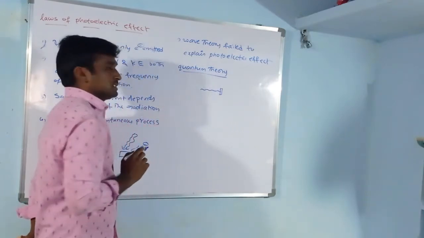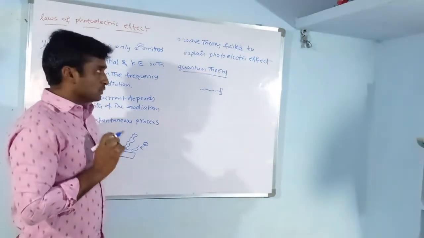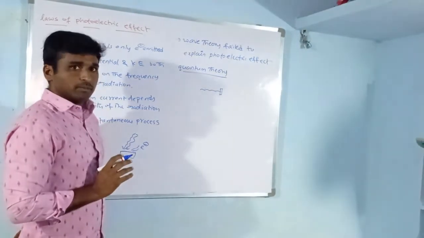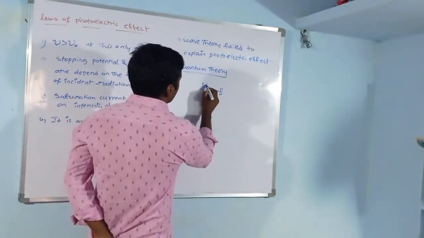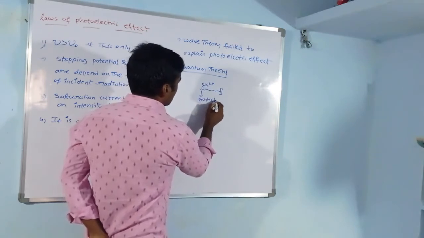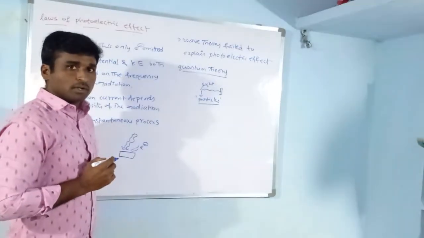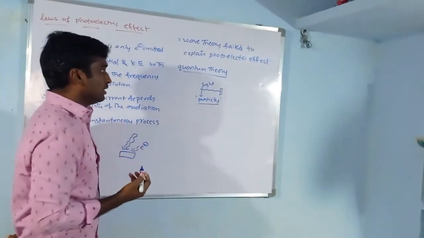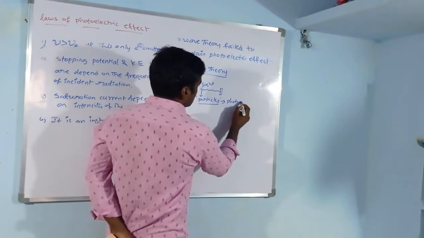According to Einstein, light consists of particles associated with energy and momentum. These particles were later named photons.